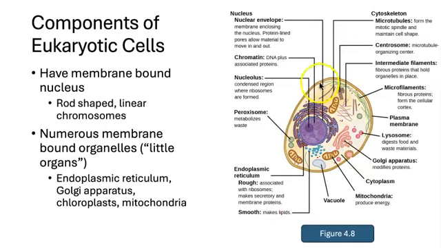Now, when it looks like spaghetti, like it does over here, we call this chromatin, but they can condense and become rod-shaped linear chromosomes. And our other organelles, also known as little organs, would include things like our endoplasmic reticulum, our Golgi apparatus, and chloroplasts and mitochondria, depending on what type of cell it is.